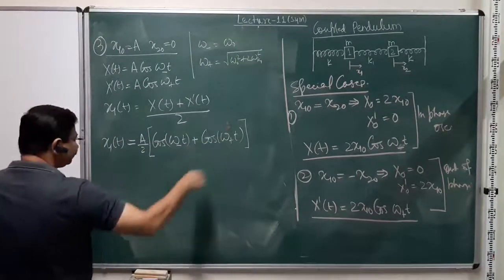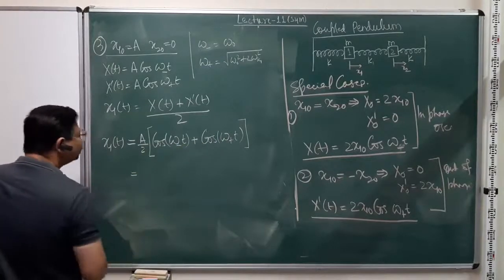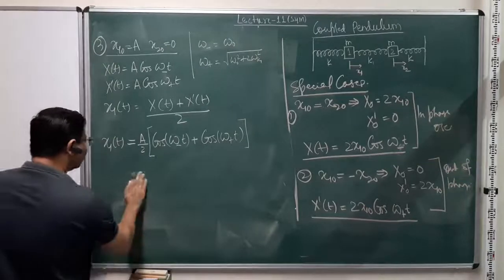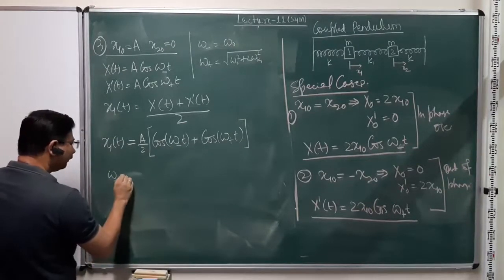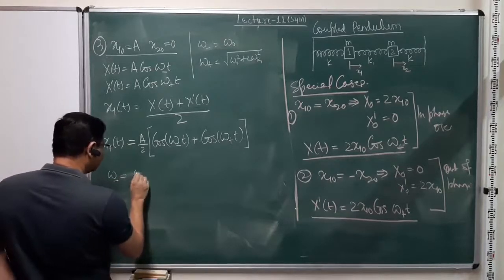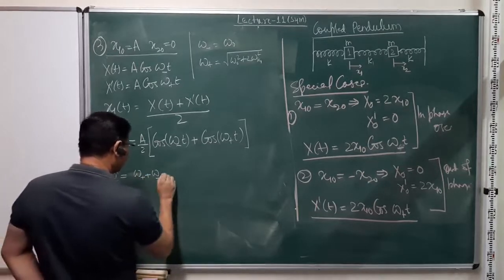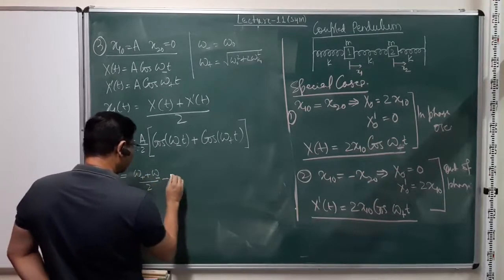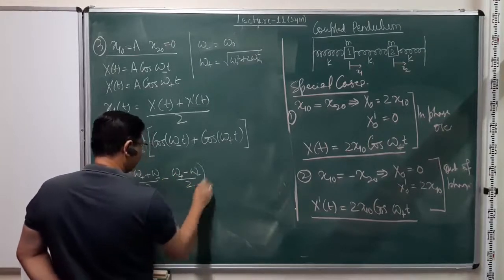Okay, anyway, so let's put it in slightly more compact form. For that, we can write down omega minus as omega plus omega minus by 2 minus omega plus minus omega minus by 2.